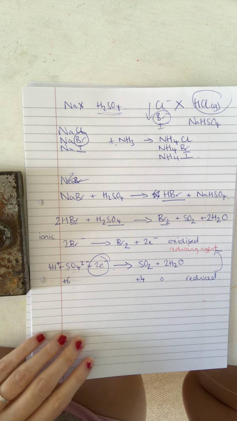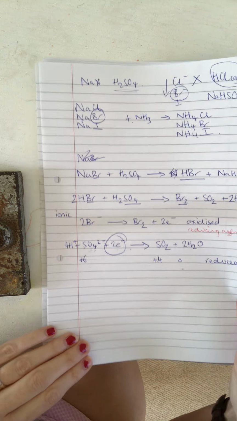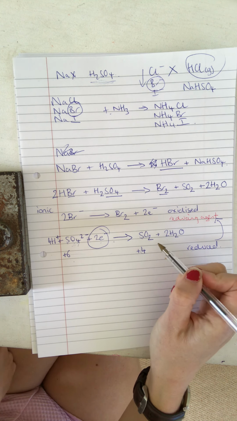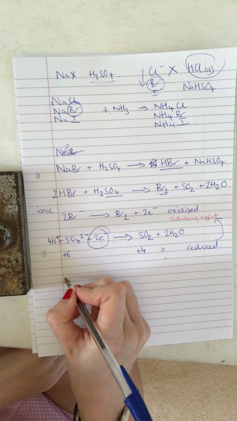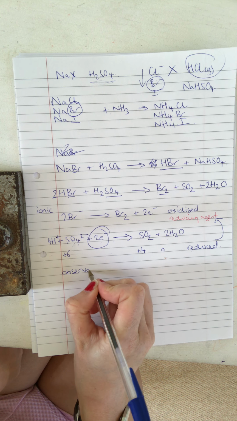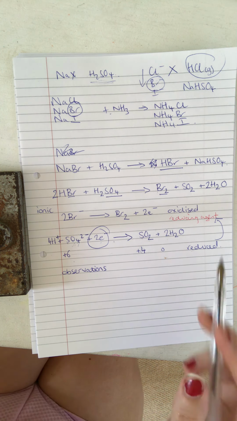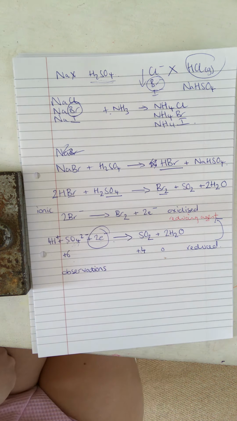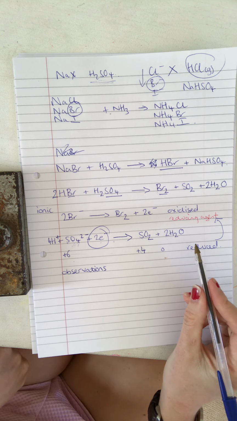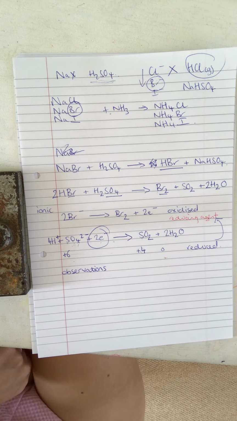The other thing that you need to know about this is what your observations will be. Okay, so if we had sodium chloride, the only observation we're going to get is those white fumes and the white solid.